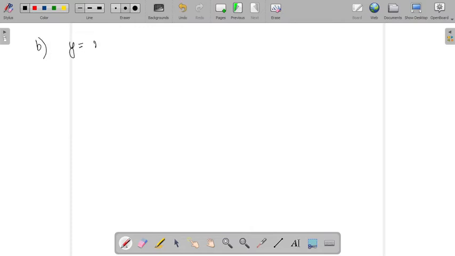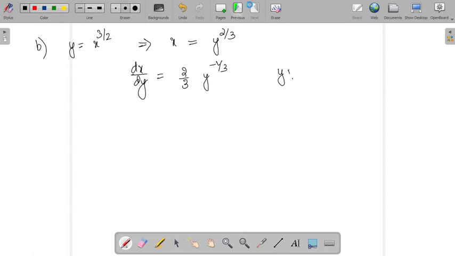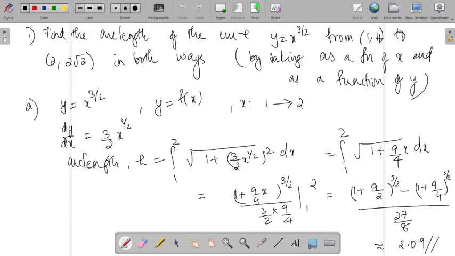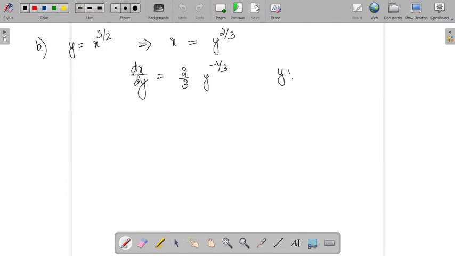So if you have y equal to x raised to 3 by 2, then x will be equal to y raised to 2 by 3. So let us find dx by dy. dx by dy will be 2 by 3 into y raised to minus 1 by 3. So here y is varying from 1 to 2 root 2.